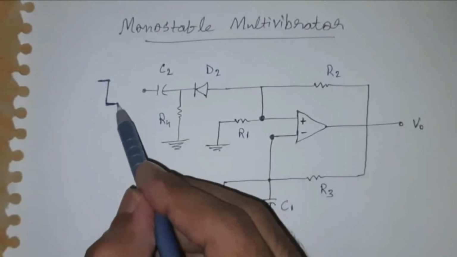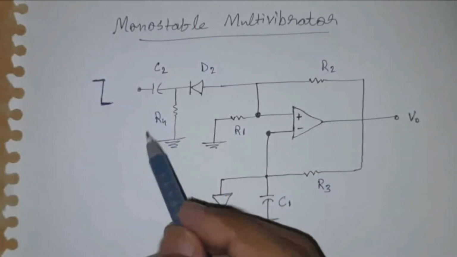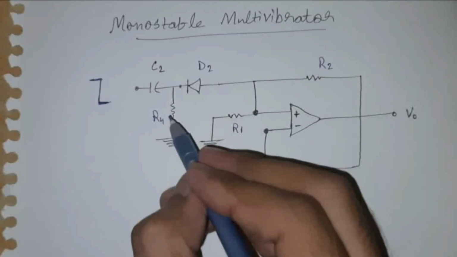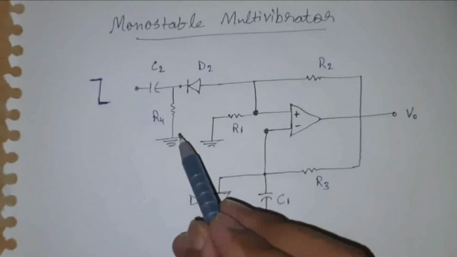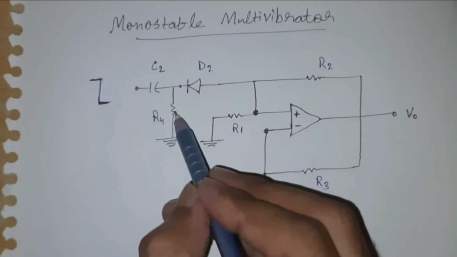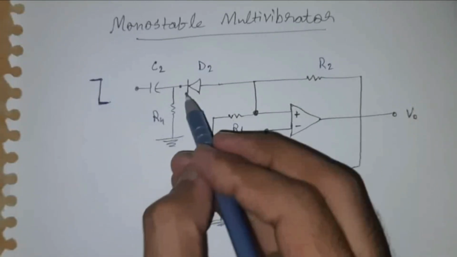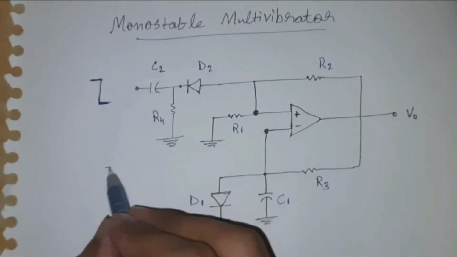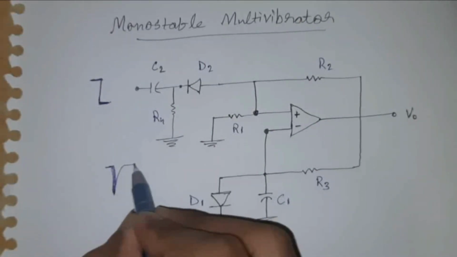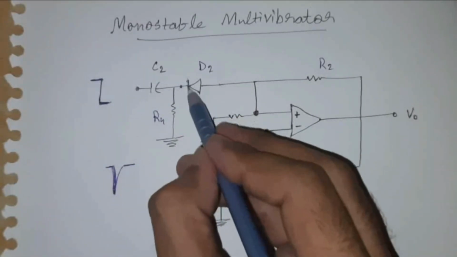So when we introduce this input signal at this node, then at this point, for this circuit diagram we are considering that the R4 resistor is of very high value. I will tell later on why we are considering this. So at this node we will be observing a sharp negative pulse, which appears momentarily and will turn on this diode.